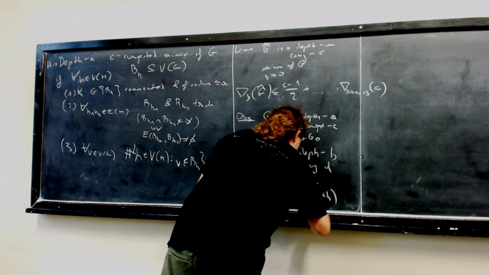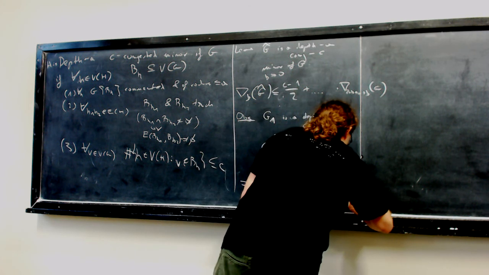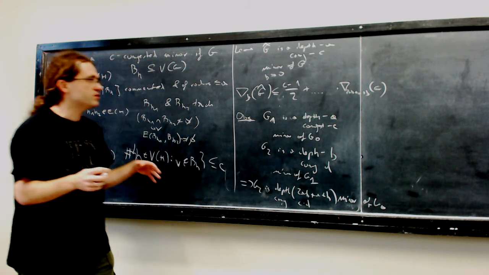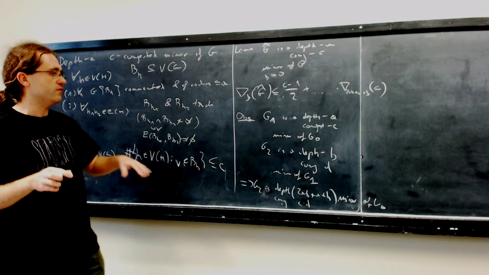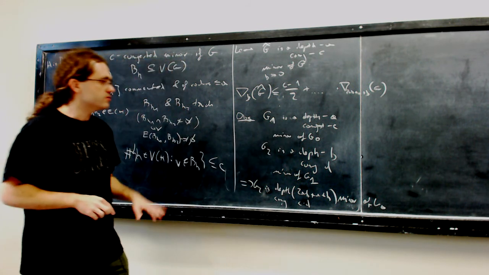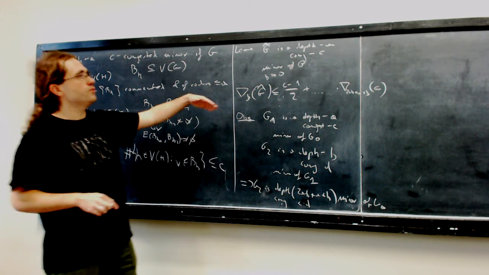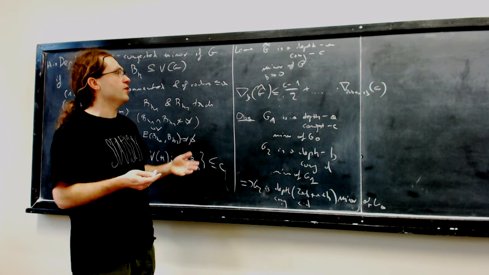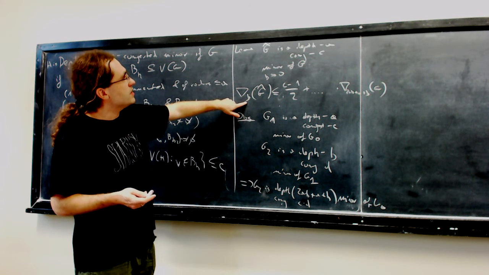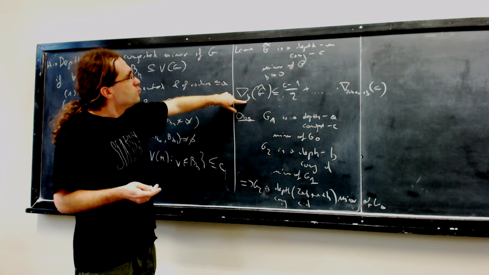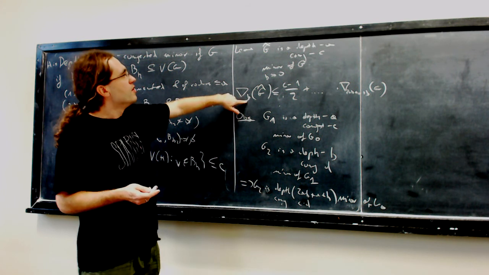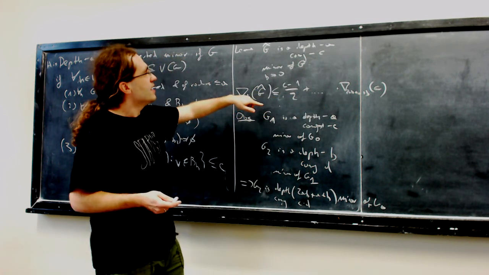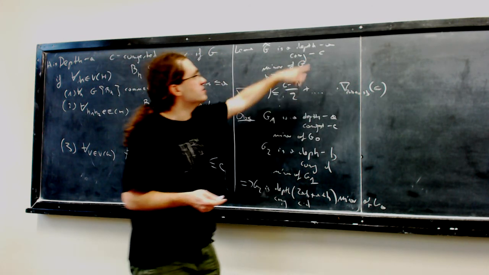This is a C times D minor of G0. This is the standard proof, the same proof that we had without the congestion. So this is the observation. What we really want to prove is that congested minors are sparse and have just few edges, because this is really like a congestion 1 depth B minor of a congestion C depth A minor of G. So it's really a depth congestion C minor of G.